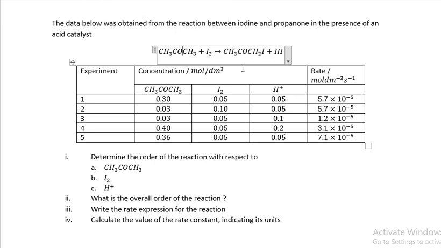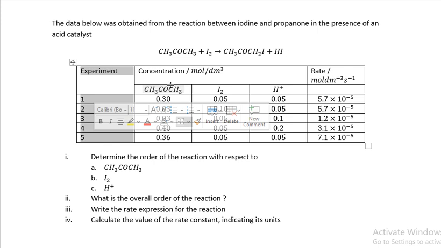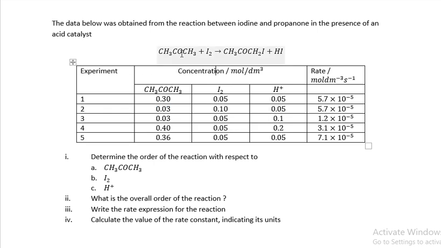Anyways, we have the various experiments. So 5 experiments were carried out, and for these 5 experiments we have the respective concentrations of the reactants, then we have the rate of each experiment.